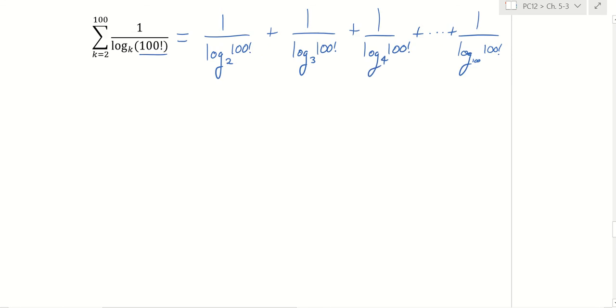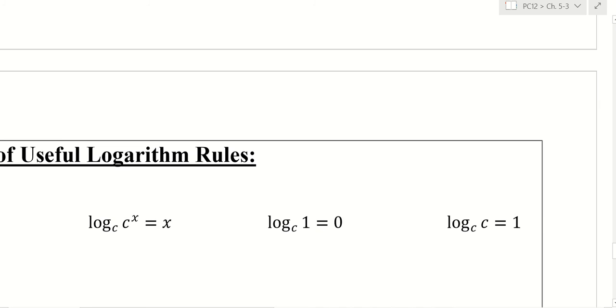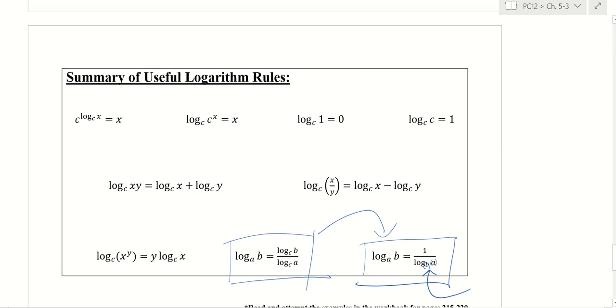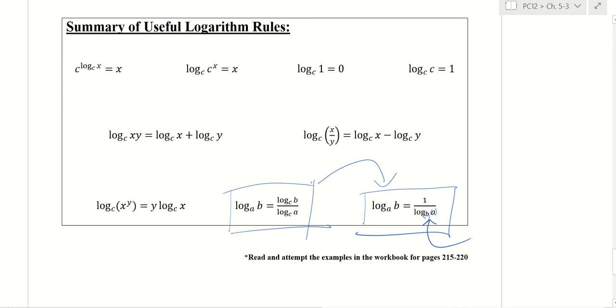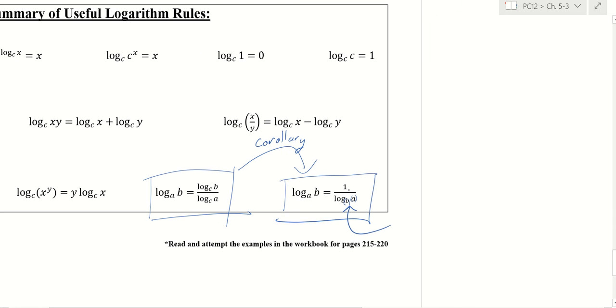But if we scroll down, we might be able to see our logarithm rules here. We have something that I've already pointed out. We have a change of base rule. We also have this sort of corollary rule, which is a change of base that involves reciprocating.